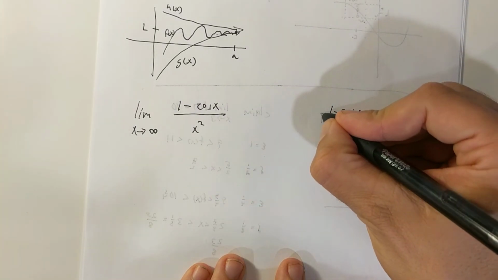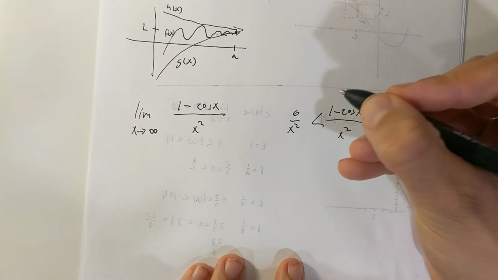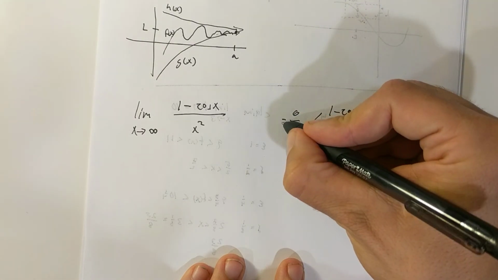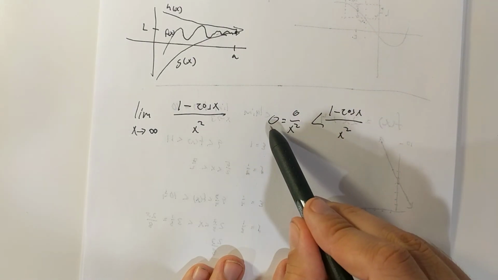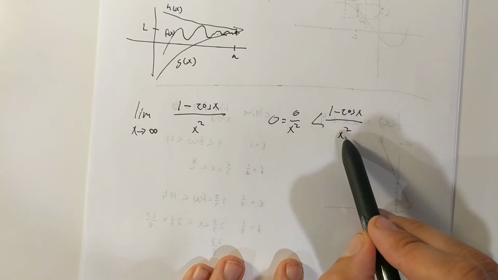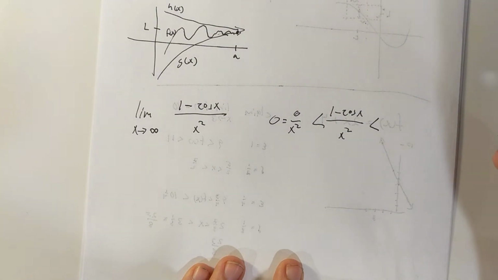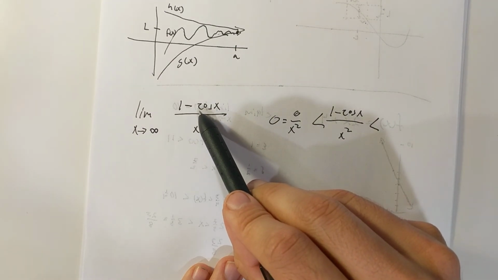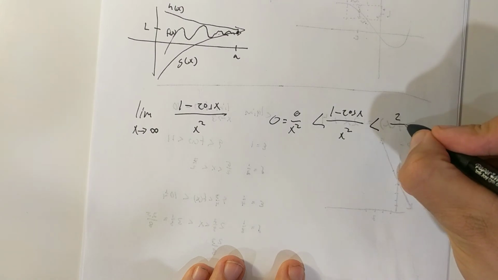So it always has to be greater than 0 over x squared, which just equals 0. So we know that 0 is always less than this function. We also know that this function must be less than, well, what if cosine was negative 1? 1 minus negative 1 is 2. So it's got to be less than 2 over x squared.